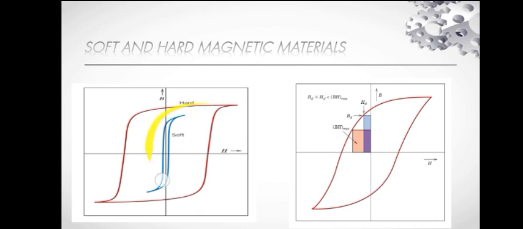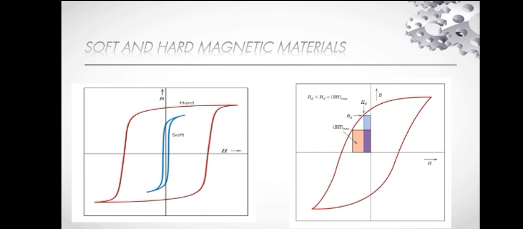So, this figure shows the magnetization curves for soft and hard magnetic materials, by which both ferromagnetic and ferrimagnetic materials are classified as either soft or hard on the basis of their hysteresis characteristics. So let's start with the soft magnetic materials.